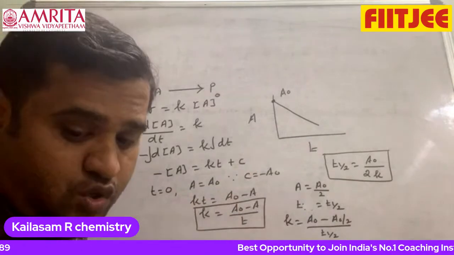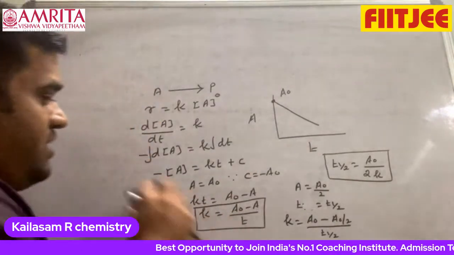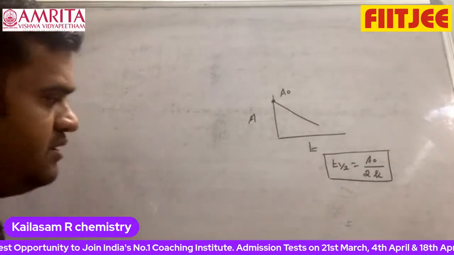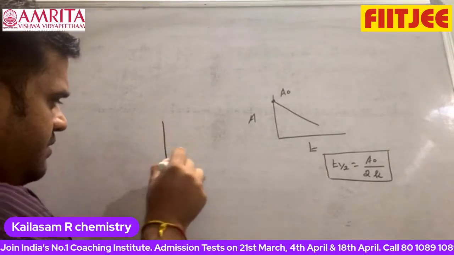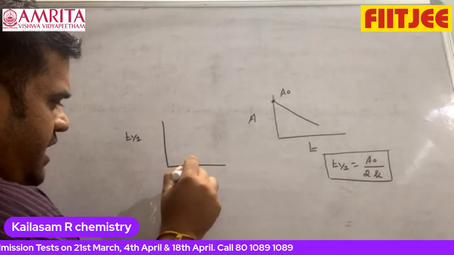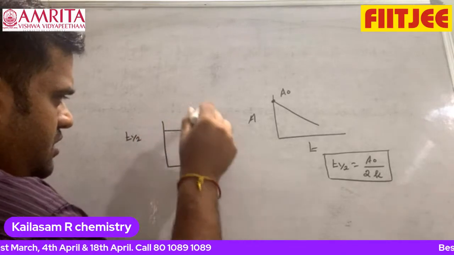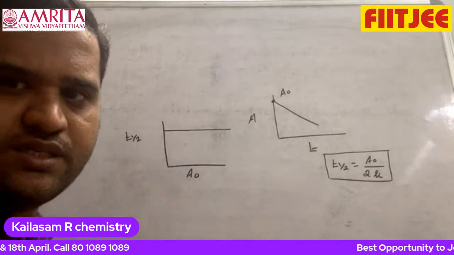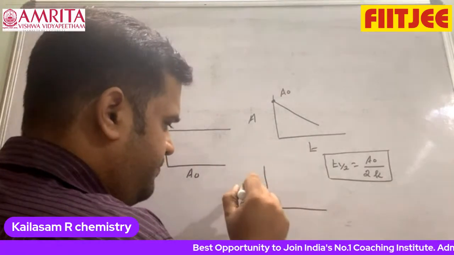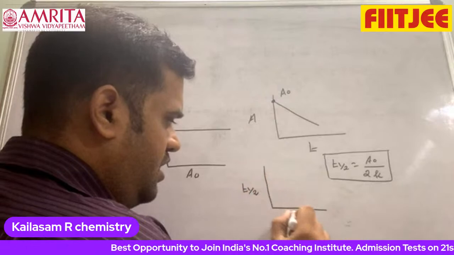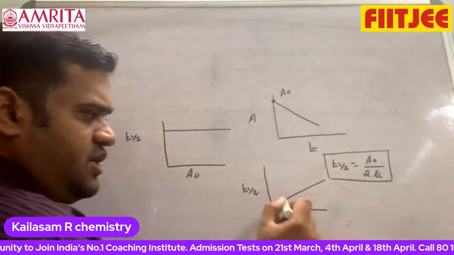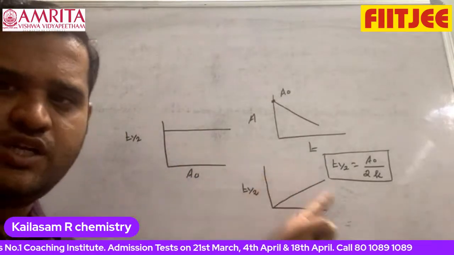But first order is not like that. That means we can draw the graph. Look at this. The t half of this is A naught. This follows first order kinetics. And look at this, when I am going with t half versus A naught, and say for this zero order kinetics, look at this is first order, zero order or not.